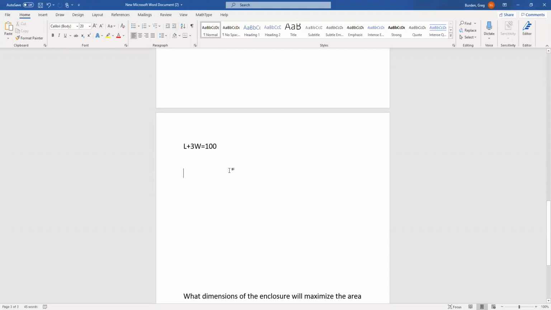The area could be written as area is equal to L times W. The problem with that is that that's a function of two variables, and we don't really have the techniques developed for dealing with that right now. So I want to get it to where we just have a single variable. One way to do that is to solve this equation for L. We would have L is equal to 100 minus 3W.